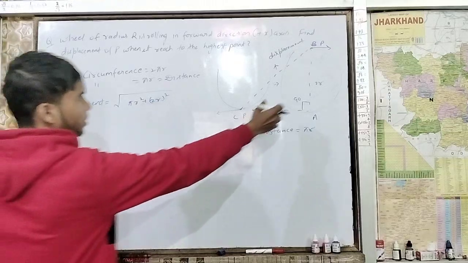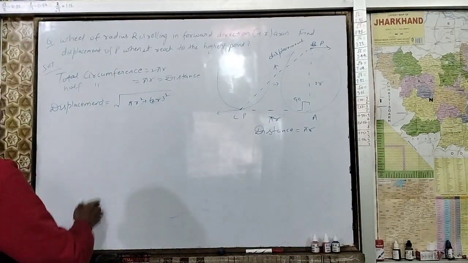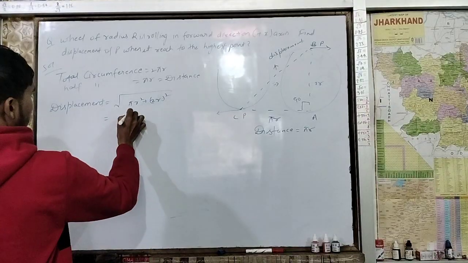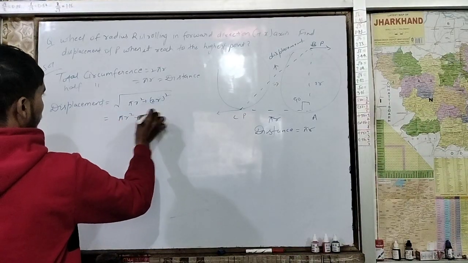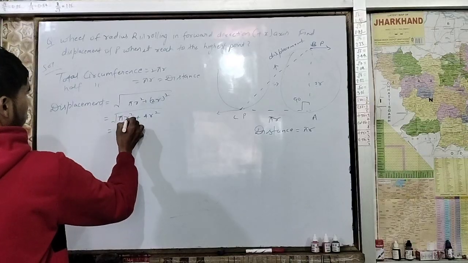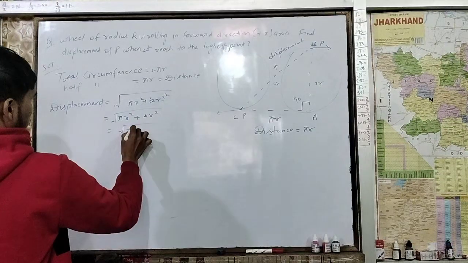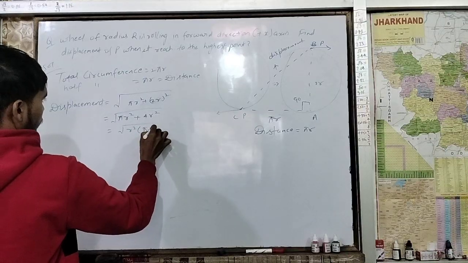So pi r square plus 2r square is equal to BC. So again, pi r square plus 4r square. In this equation, r square is common. Pi plus 4.